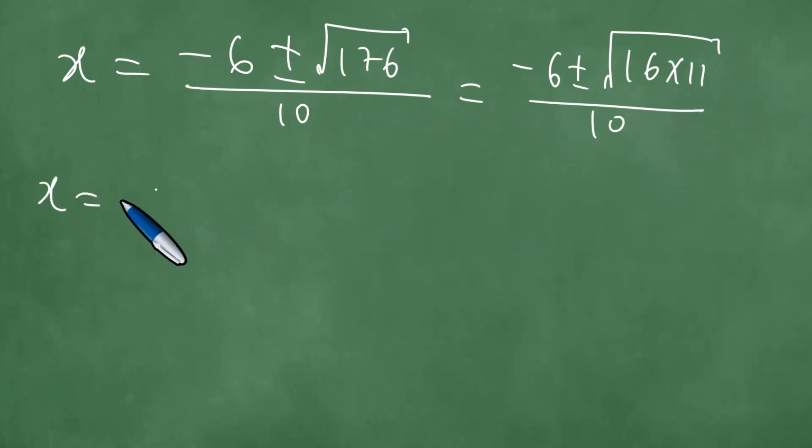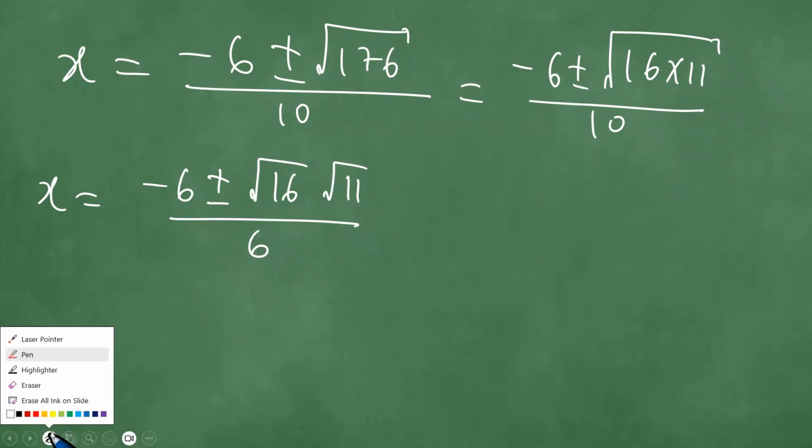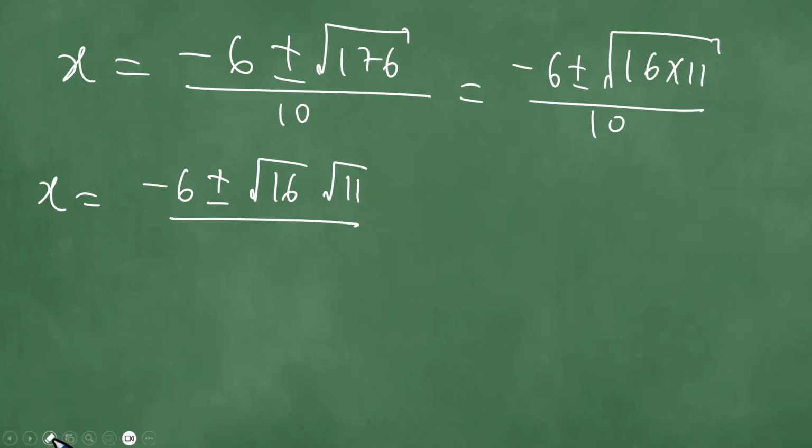This means x is minus 6 plus or minus the square root of 16 times the square root of 11, divided by 10. What is the square root of 16?